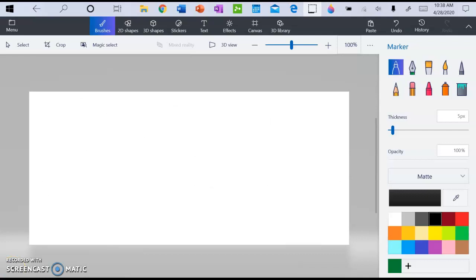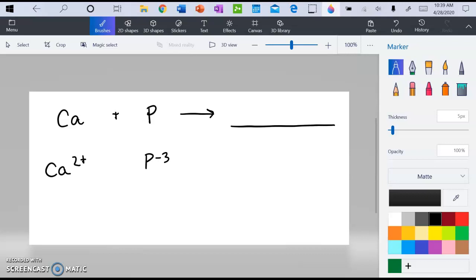So let's practice one. We're doing calcium plus phosphorus, make some sort of product. Okay, so I know I have calcium, which is a 2+ charge. I have phosphorus, which is a -3 charge. So I need to figure out how to balance those charges. So if I add another calcium, now I have +4.